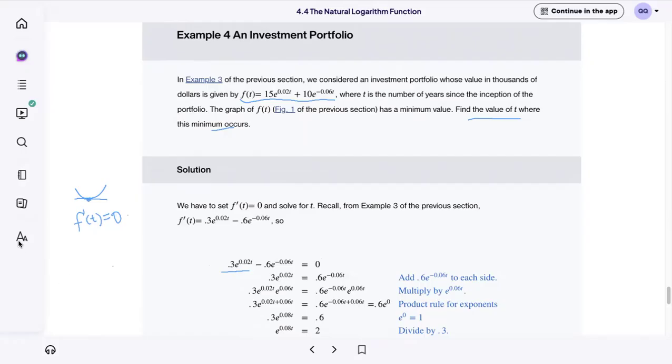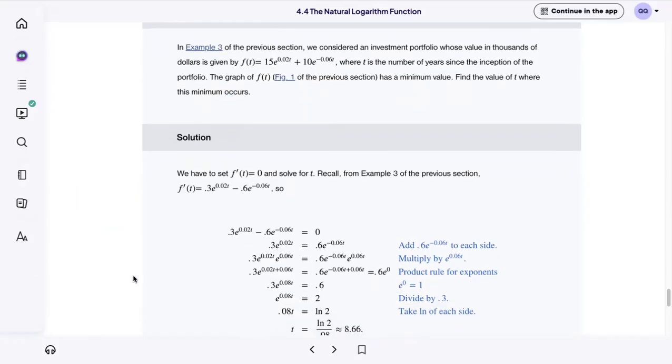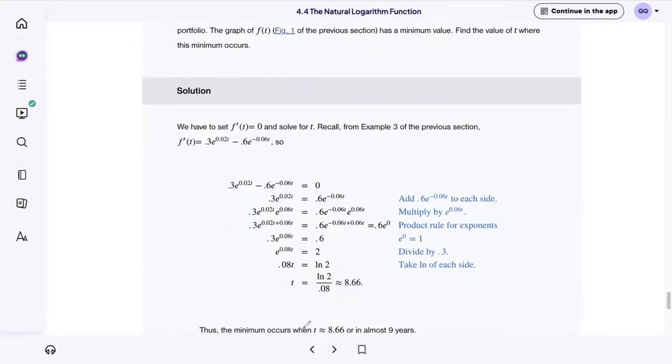We can factor out, let me just follow the textbook. So then we can pull this negative term to the other side. So I have 0.3 e to the 0.02t equals 0.6 e to this one.